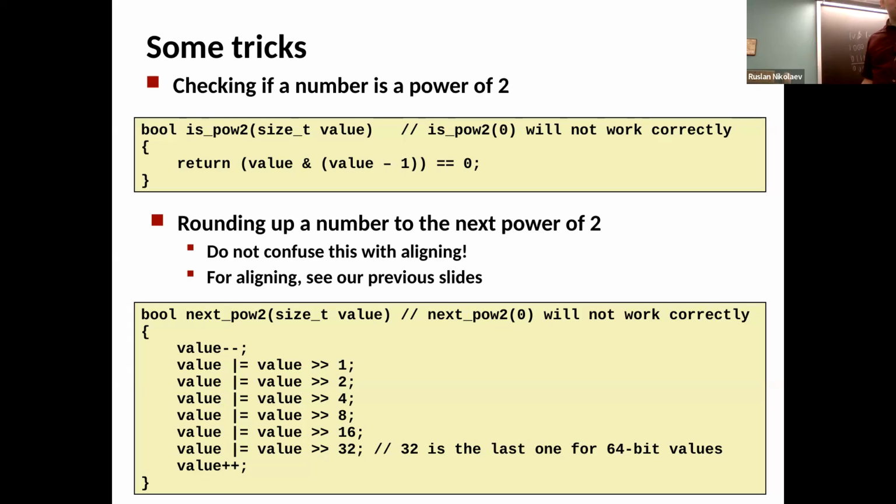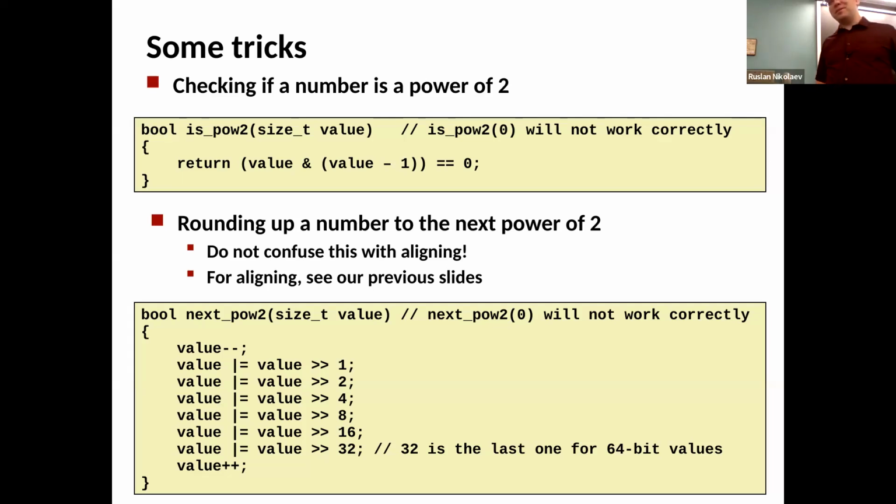If it's a 64-bit number, we're going to go up to 32. If it was a 32-bit number, we would go only up to 16. So it just depends what the bit size is. And then finally increment it again, right?